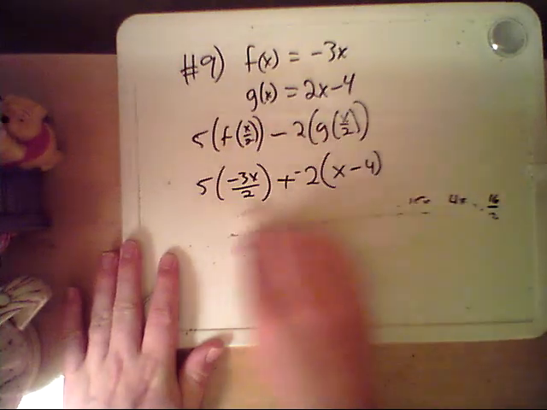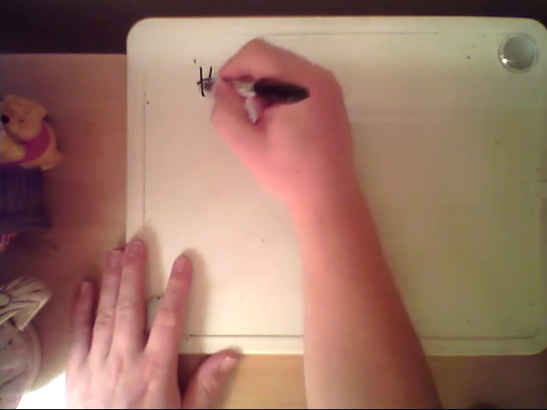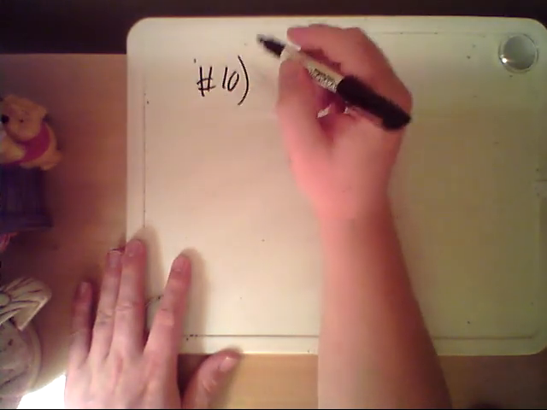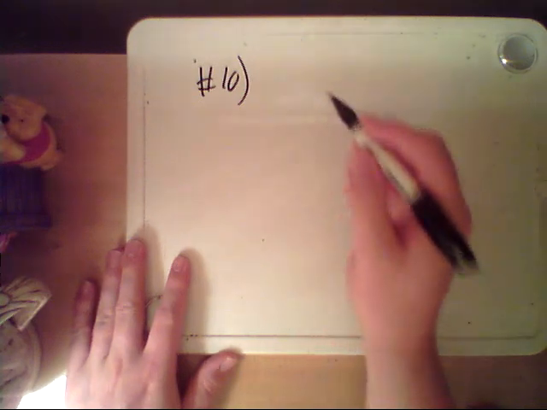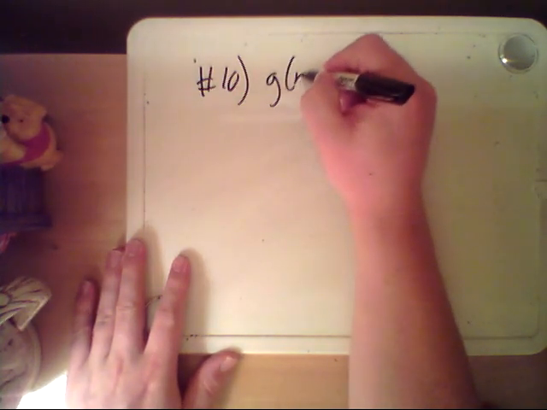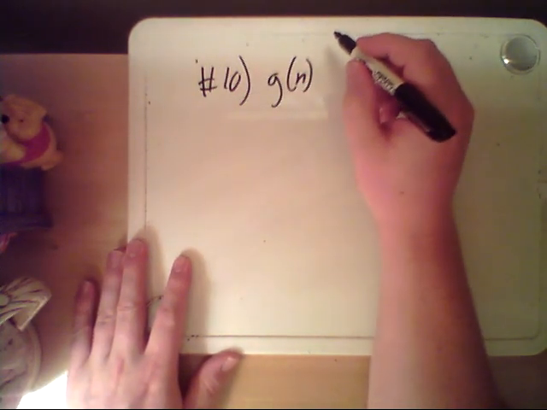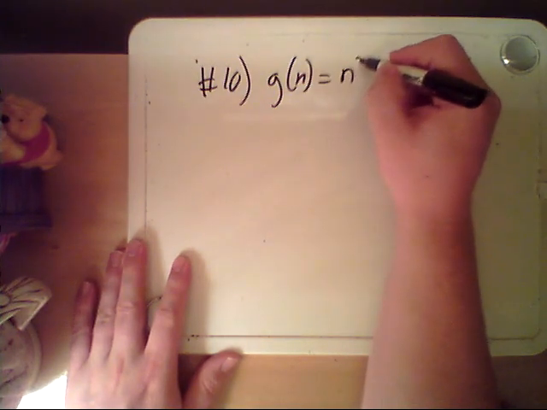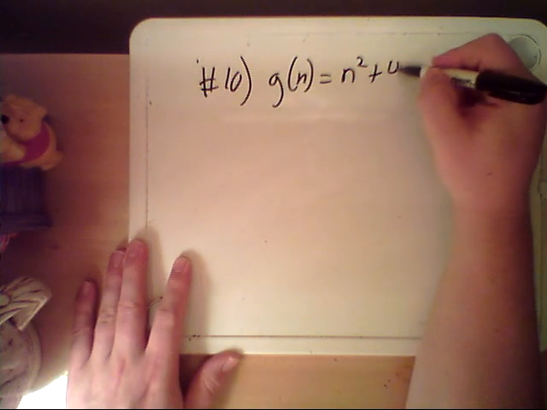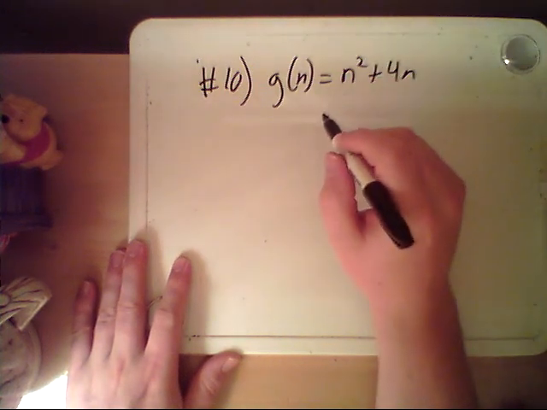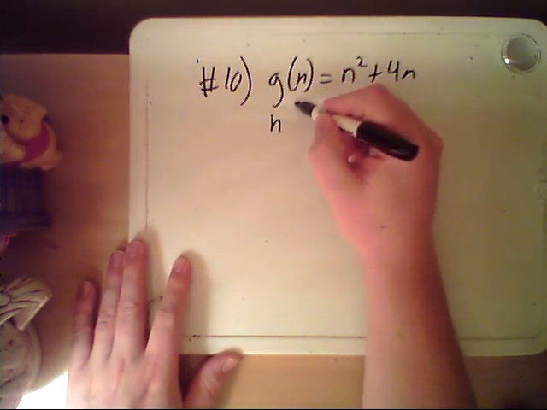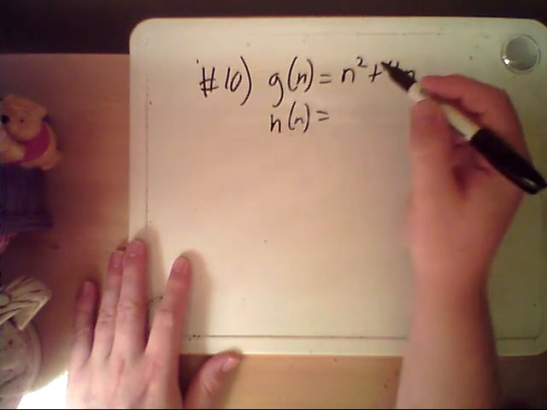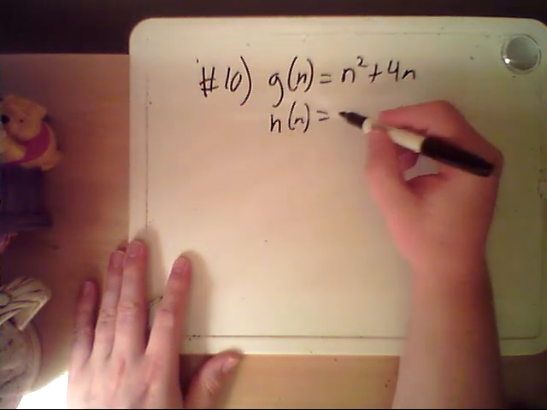All right, we're on the home stretch. Number 10. Number last. g of n is defined as n squared plus 4n. And then h of n is defined as 4n minus 2.